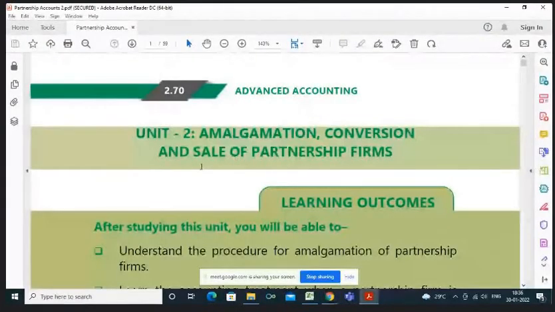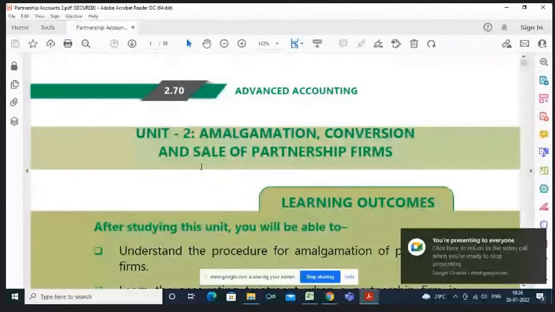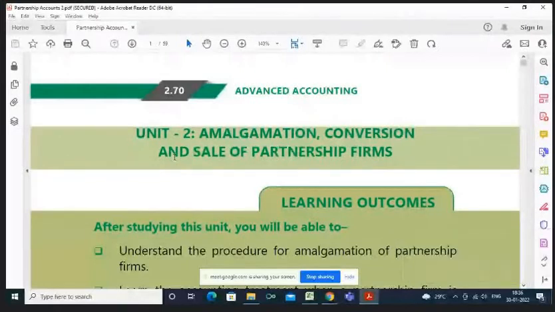So we will learn in this class how to deal with the sale of partnership firms. And another thing is conversion of partnership firms. Many times the business of a partnership firm becomes so large that they think it would be better in a corporate form. It is better to convert the partnership into a private limited company.